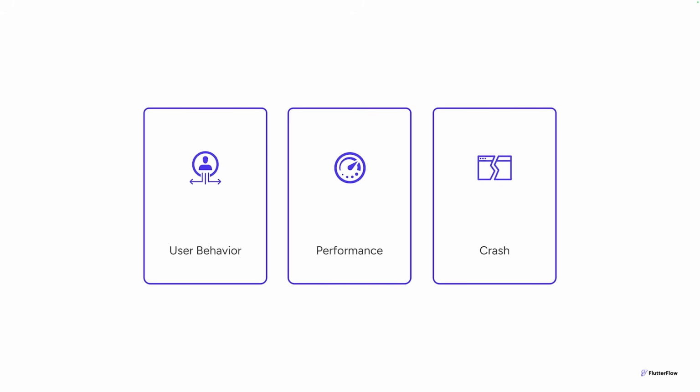Performance analytics monitors app speed and responsiveness. And crash analytics help identify and fix errors. Popular tools for implementing analytics include Google Analytics for tracking user behavior and Firebase for real-time data and crash reporting.